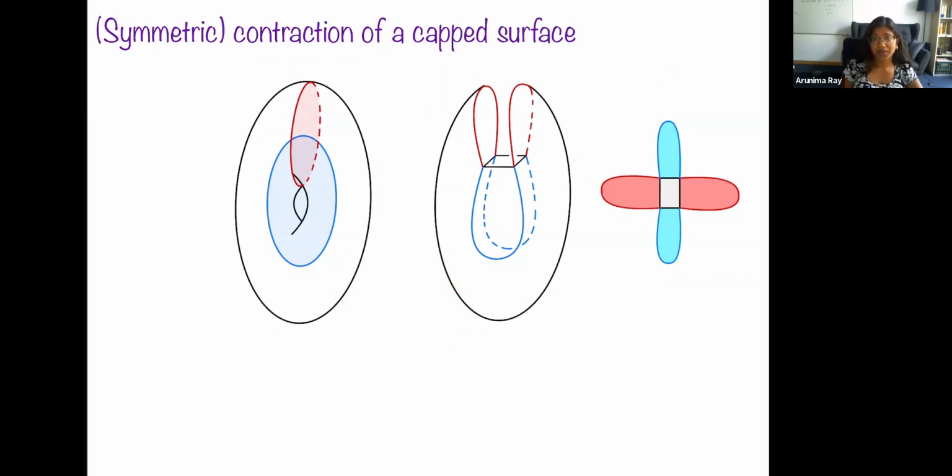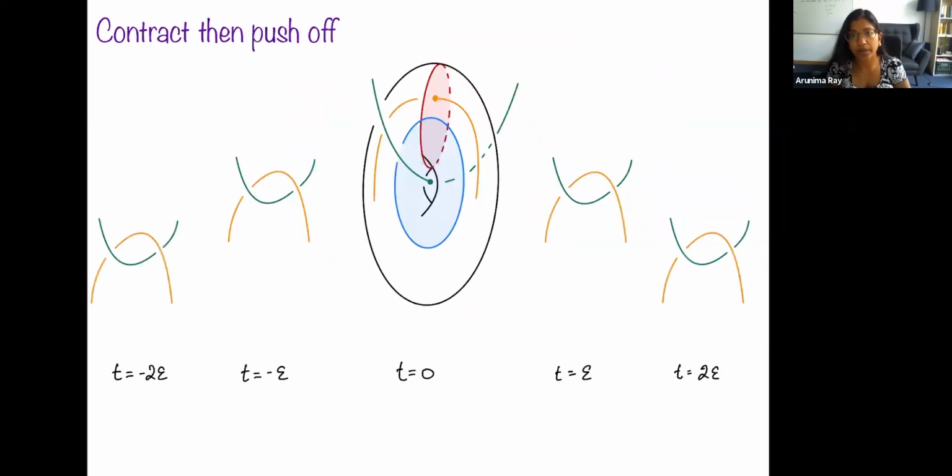And now you may be wondering, why on earth are we doing this super complicated contraction when we have the very nice contractions that we already did that were so much easier to work with? It turns out that the symmetric contraction has a very nice property. And I'm going to show you how that works with an example. The idea is that I'm going to symmetrically contract a surface, a capped surface that's showing up here in this middle time slice.